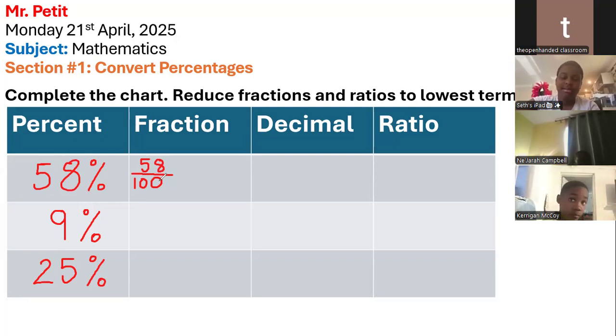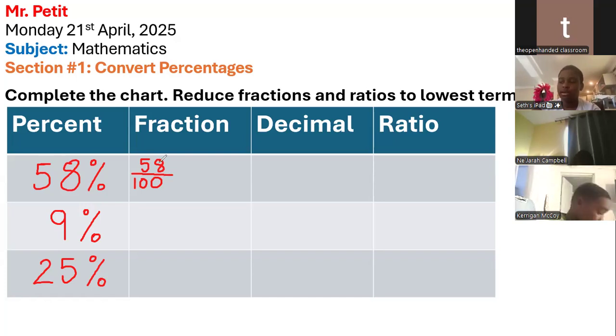It's 58 and 100. What number can go into 58 and 100 without leaving a remainder? 2. Why do you say 2? Because I was saying 50, 52, 54, 56, 58. Okay, very good.